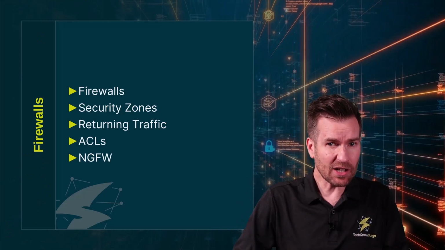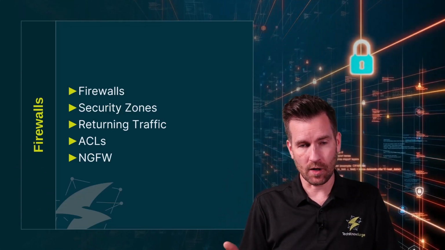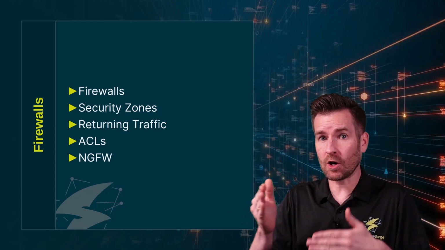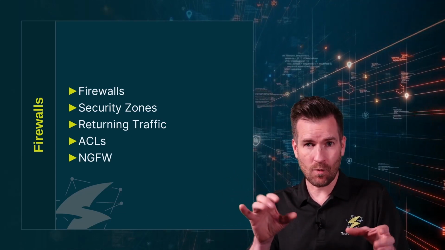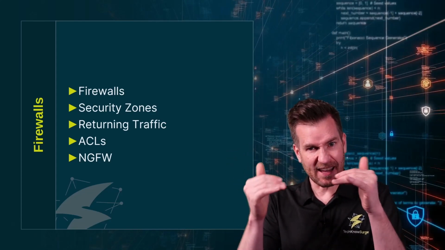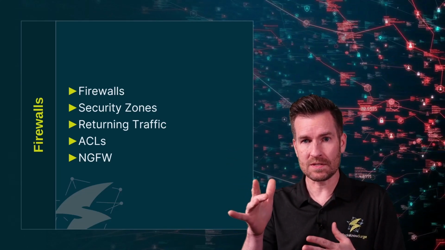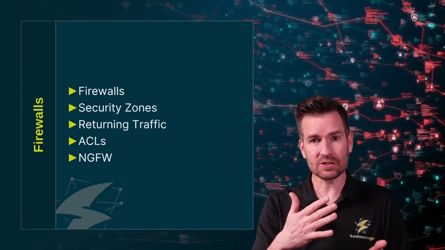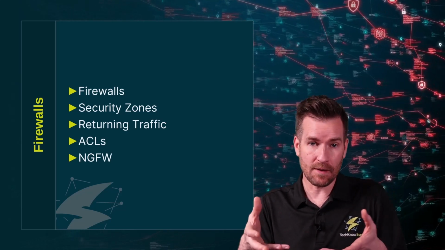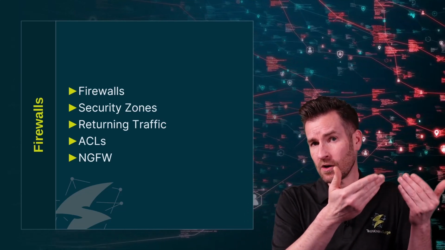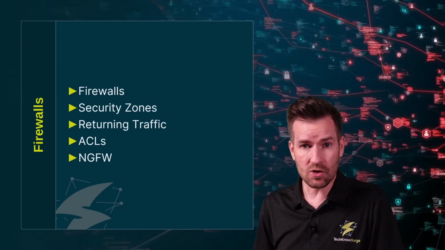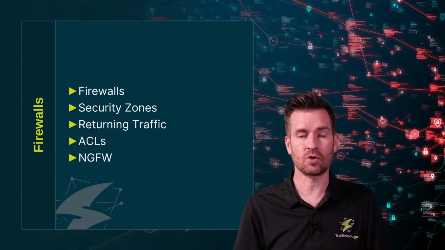Firewalls are a critical part of protecting our network, and so setting up a firewall correctly is going to be really important. We talked about how a firewall has the different interfaces or zones, and it can allow certain traffic to go from a secure zone to an insecure zone. But things going from an insecure zone into a secure zone have to meet certain criteria.